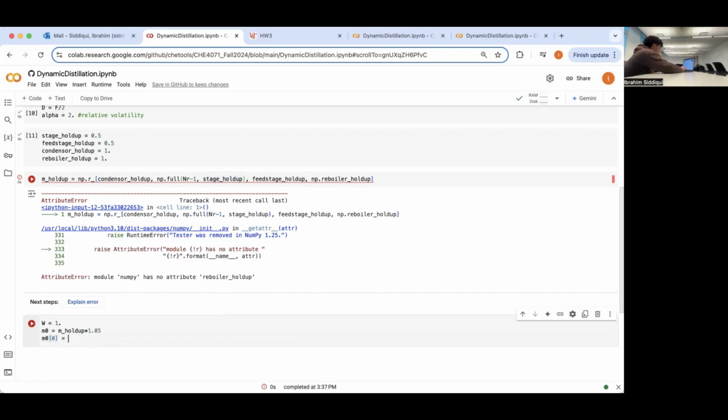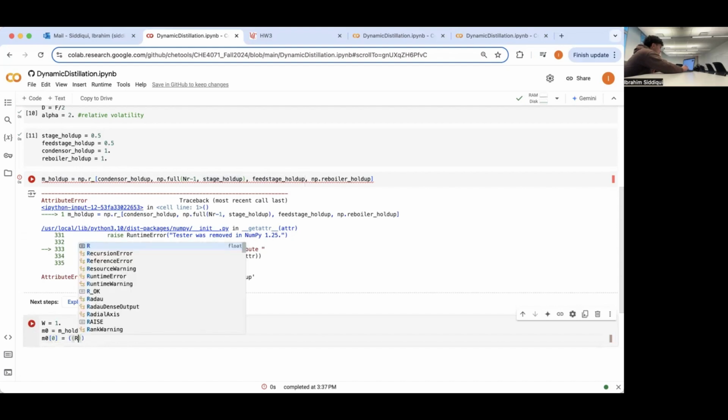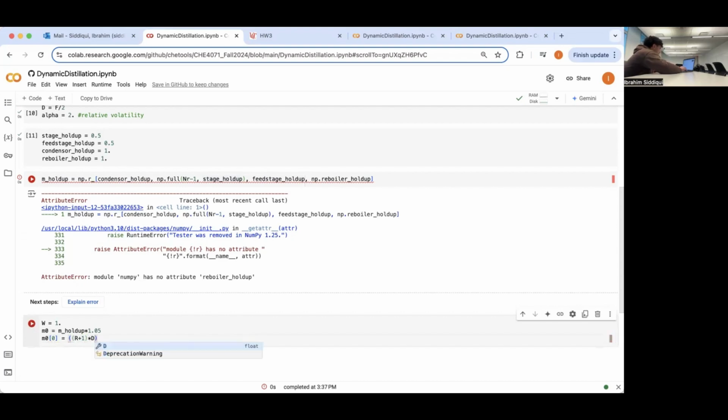And then this will be equal to r plus 1 plus 1, multiplied by our t that we defined just above, and this will then be divided by our where. I'm going to give this another comma, and then this will be to the 2/3, so 2 divided by 3, and then we'll add the condenser holdup here. Okay, I think we got too many parentheses here.